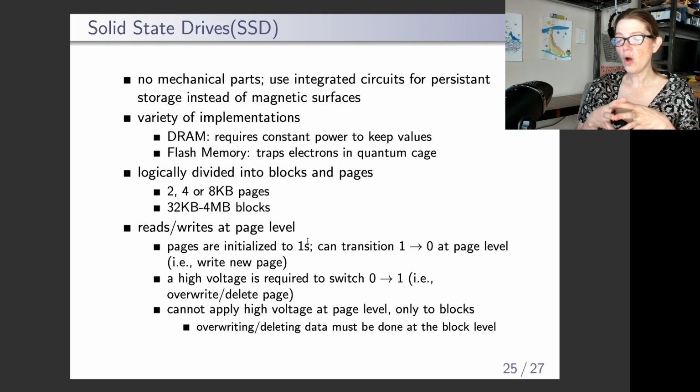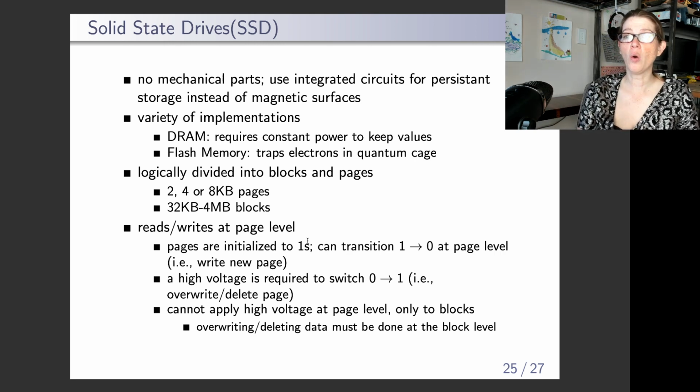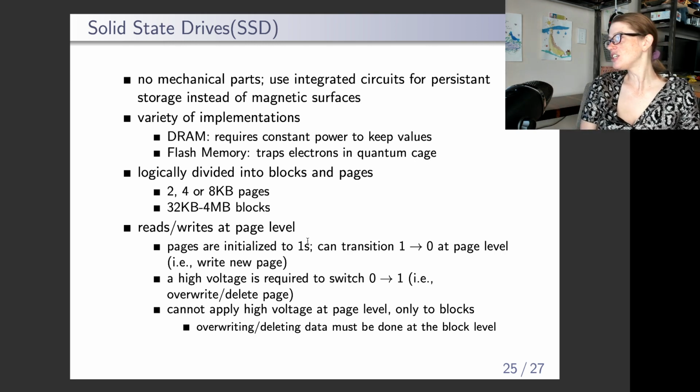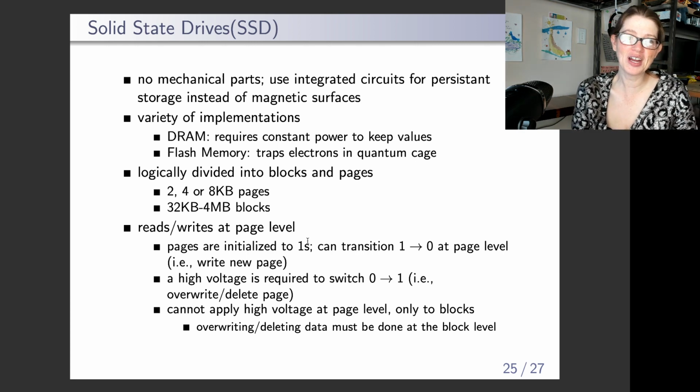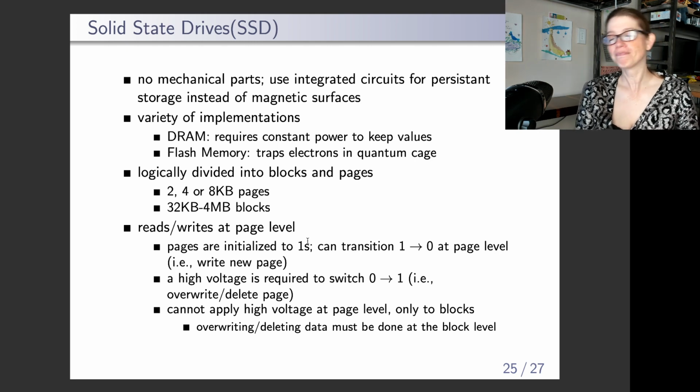And there was also a battery on board so that when the DRAM was not powered externally, the battery was sufficient to periodically refresh the charge in the capacitors so that the RAM would actually keep its values. So DRAM did require constant power to keep its values, be it a battery or actually being plugged in. The question becomes, what happens if you need to replace the battery on your DRAM? Yeah, that wouldn't be very good.